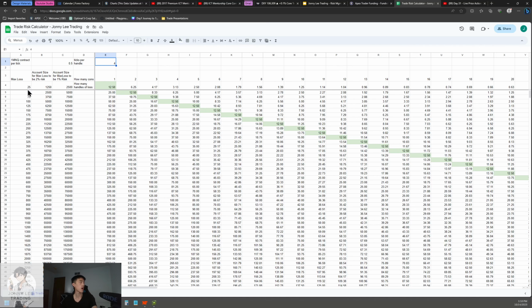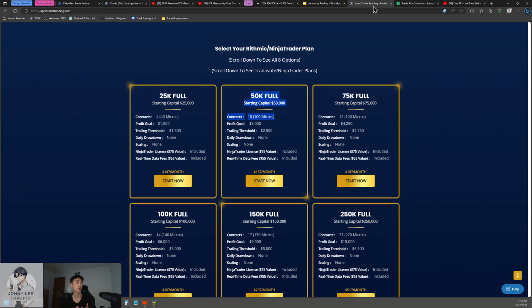So what I started with is, what is my max allowable loss? And what would that account size be for me to have that number of a max loss be 2% or 1% of my account? The reason I started here is, remember, we are working with those 50K accounts which have a trailing threshold of $2,500.